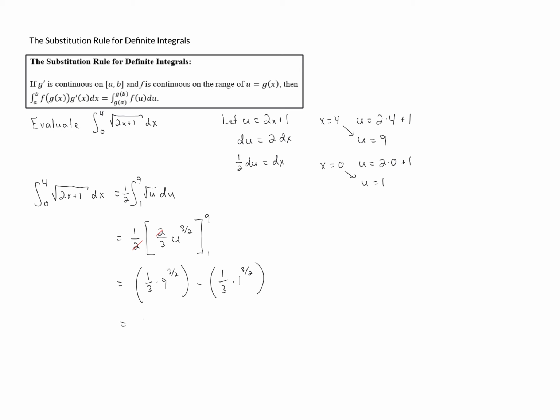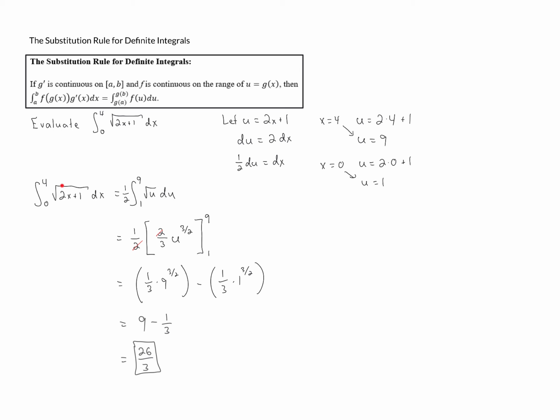So this term ends up being 9. And then minus 1 to any power is 1. So that's going to be 9 minus 1/3. 9 is 27/3, and 27/3 minus 1/3 is 26/3. So in the end, we've got our answer of 26/3.